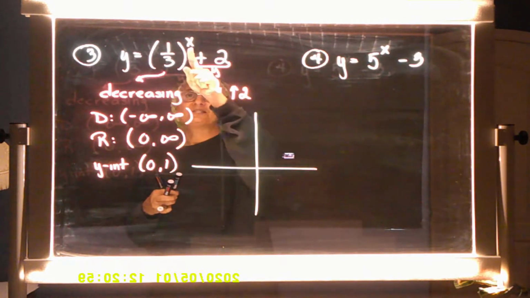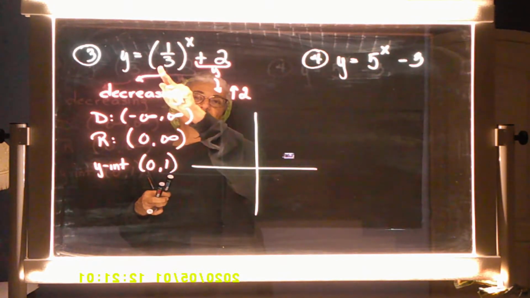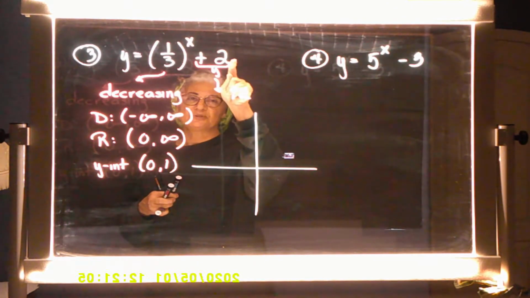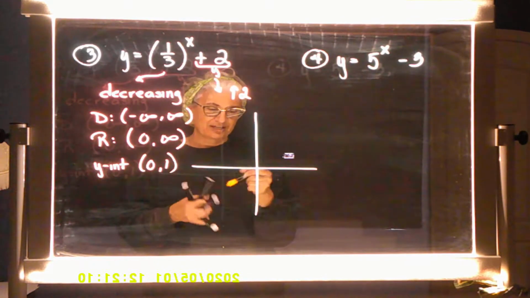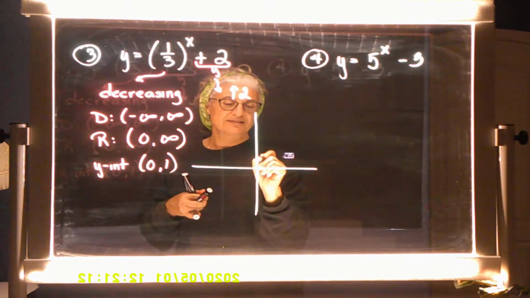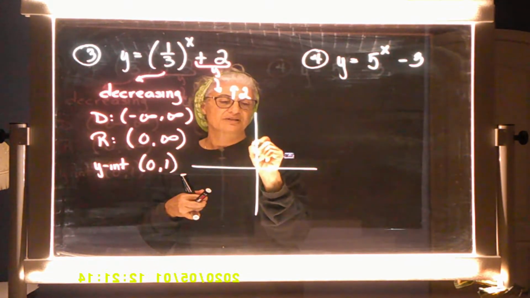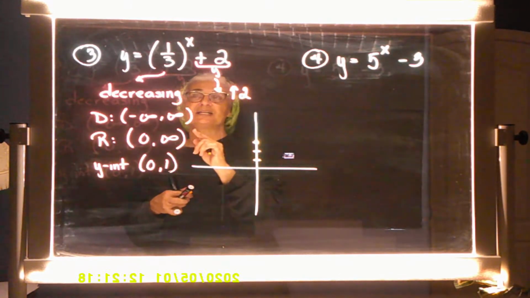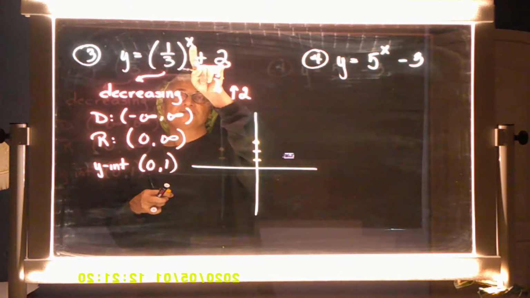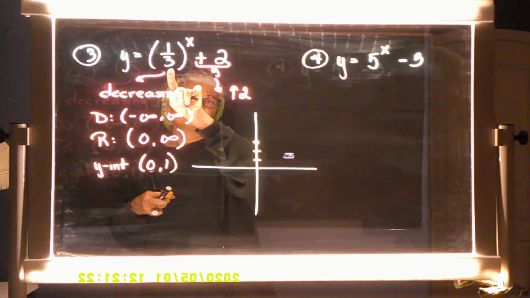When we plug in 0, we get 1, don't we? Because anything to the 0 power is 1. But 1 plus 2 is 3. Yeah, so in this particular case, I'm not at 0, 1. I'm at 0, 3, aren't I? Okay, so if I plug in 1, that'll be a third, won't it?